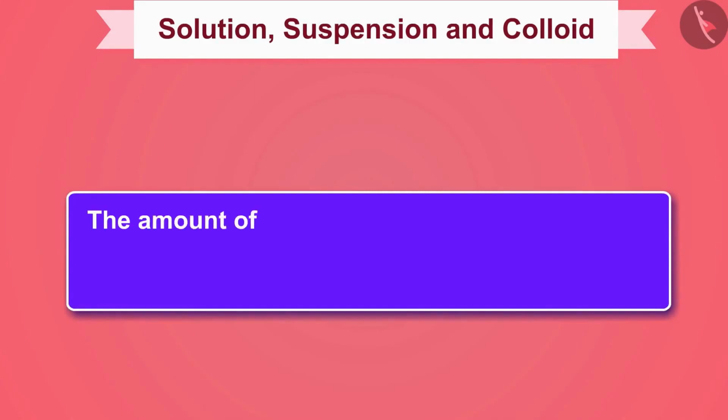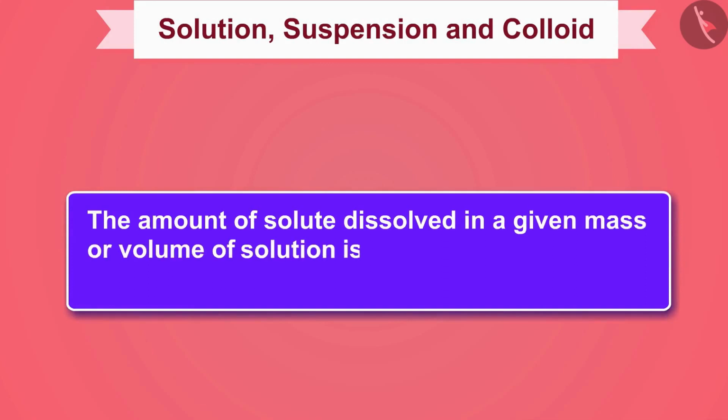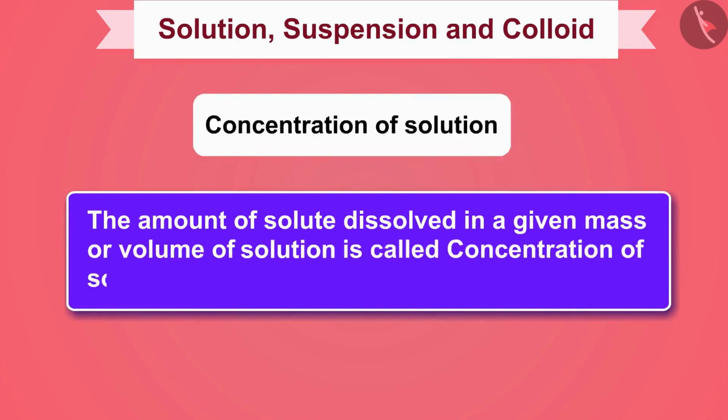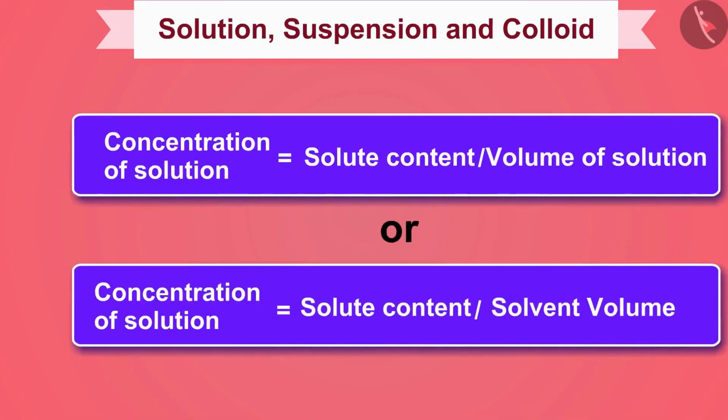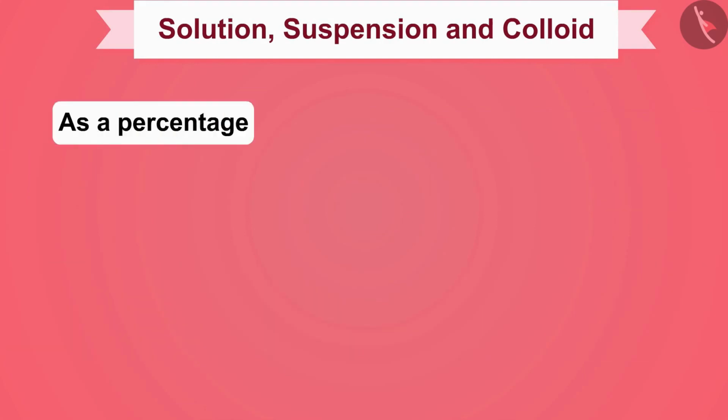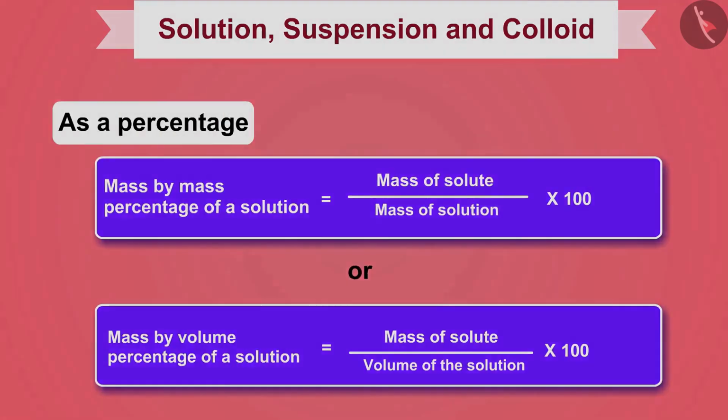The amount of solute dissolved in a given mass or volume of solution is called the concentration of the solution. We can write it in this way. We can also write the concentration of the solution as a percentage in these ways.